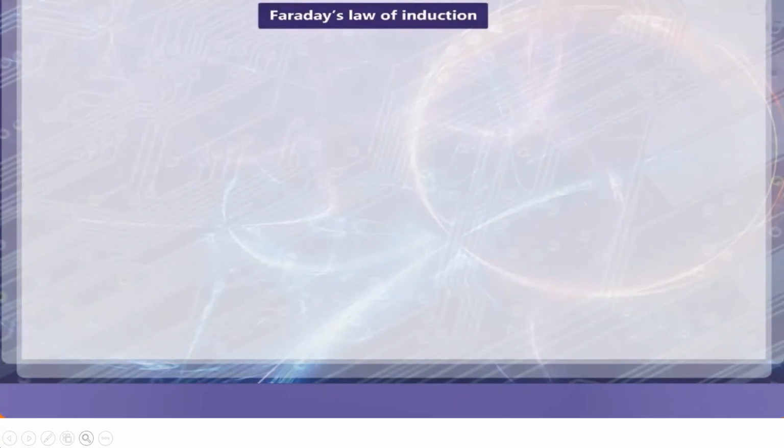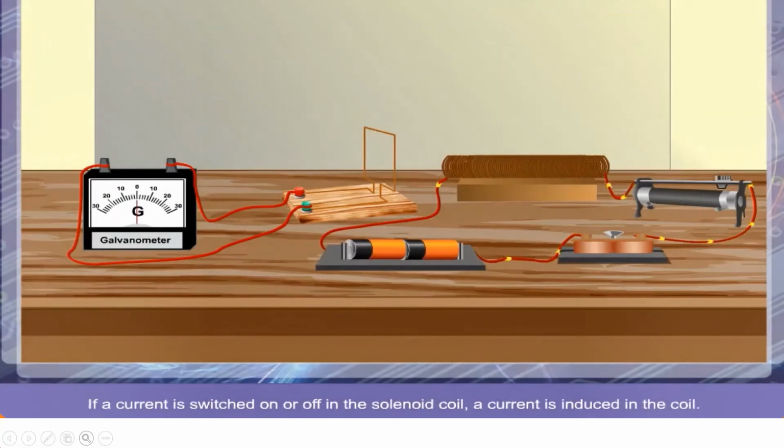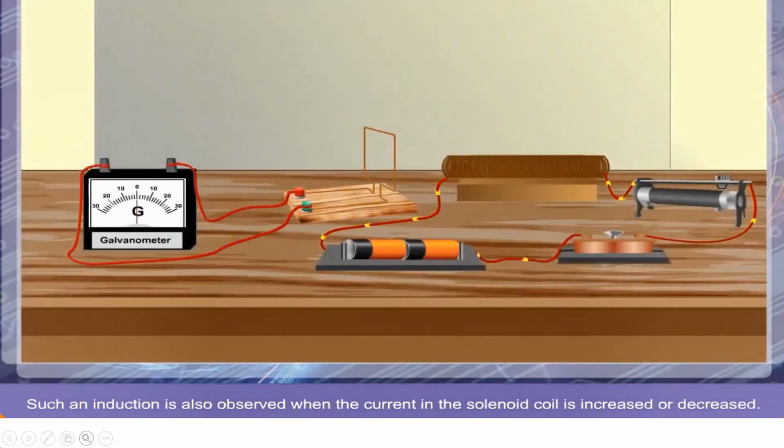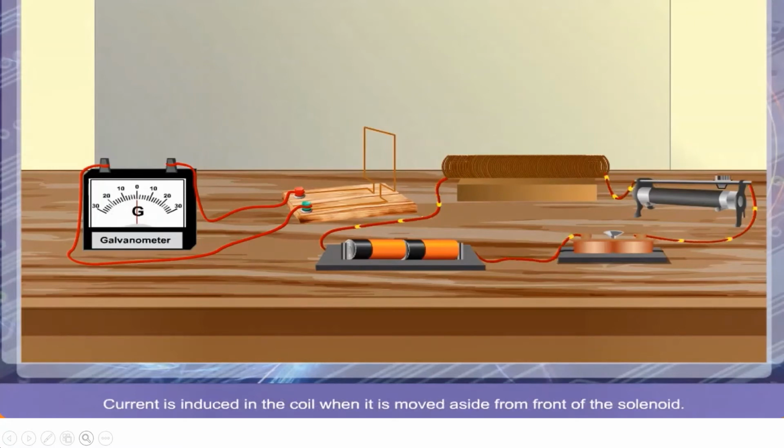Faraday's law of induction. If a current is switched on or off in the solenoid coil, a current is induced in the coil. Such an induction is also observed when the current in the solenoid coil is increased or decreased.